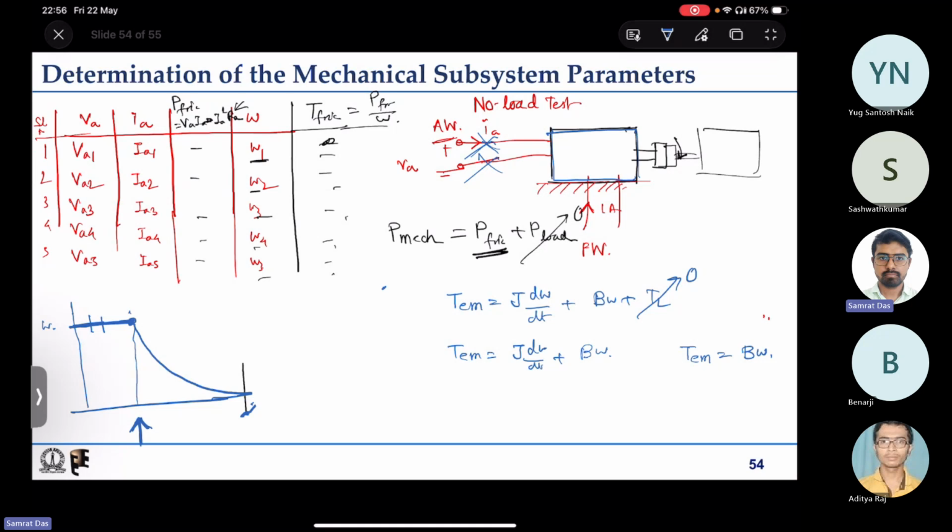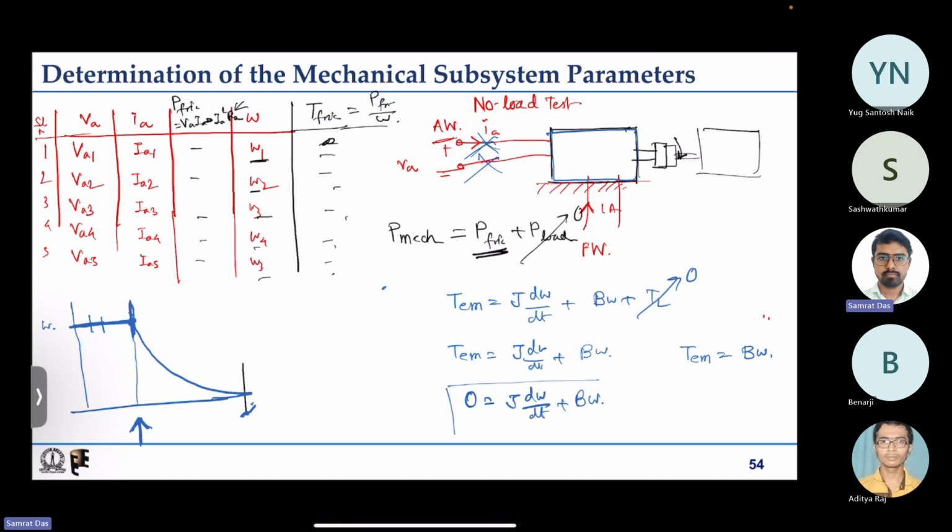Now after that, at this instant the Tem suddenly goes from whatever value it was to 0. So our differential equation becomes 0 equal to J d omega dt plus B omega. Now this is a differential equation with the value of omega at t equal to t1, say this instant of disconnection is t1, equal to omega 1.